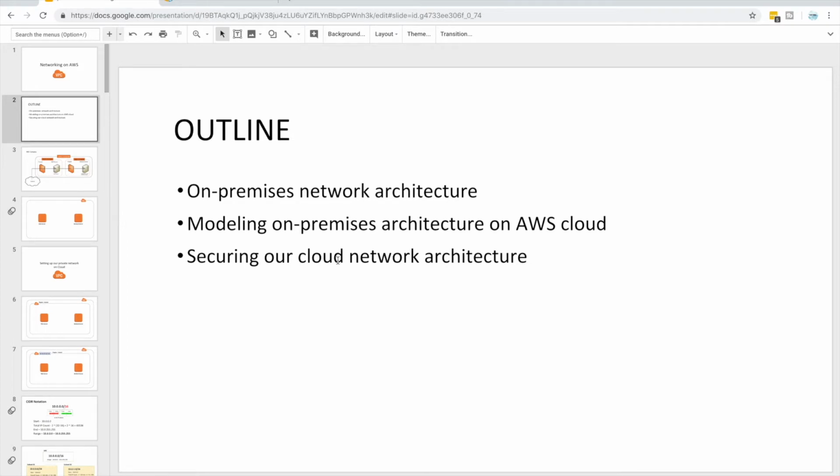And in the next video, we'll talk about how to secure that cloud network architecture using network access control lists and security groups and different other constructs that are available to you in AWS cloud. Alright, so let's get started.